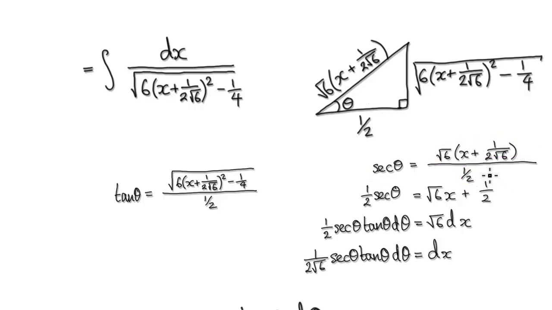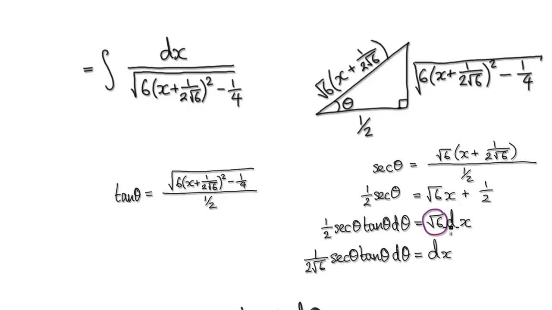So now times both sides by half. That will then give us this. So now differentiate both sides. If you differentiate this, that will then give us this, and then you've got your d theta, and then differentiate this, that will just give you root 6, and then you've got your dx here. So now you can see that we can extract our dx here.